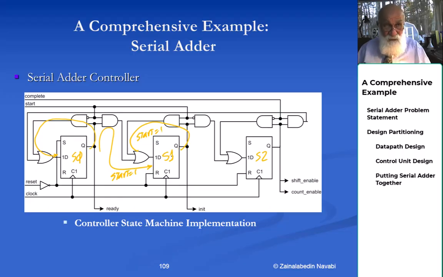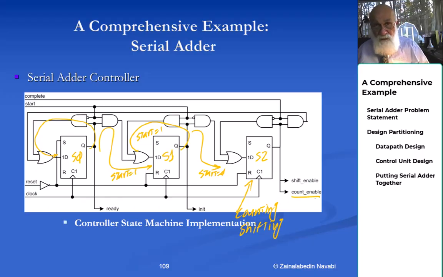As soon as the start becomes 0, you go into this magic state, state 2, where all the counting and everything is going to be done. And this is start is 0, counting is done, shifting is done, and so on. This state 2 issues the count enable to my counter.